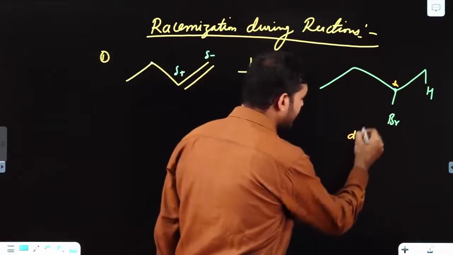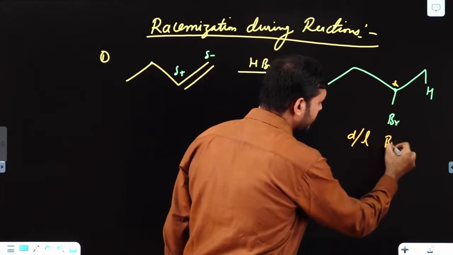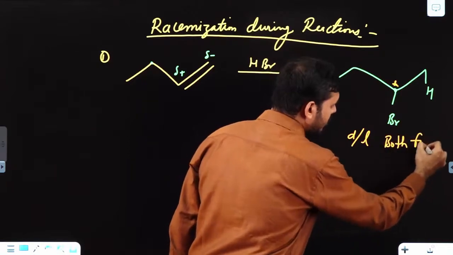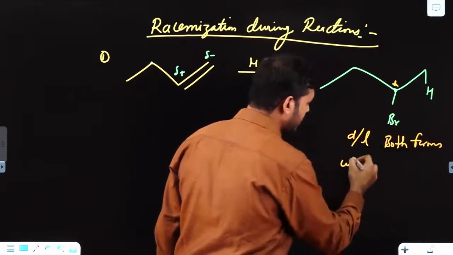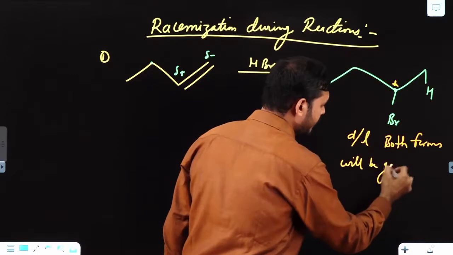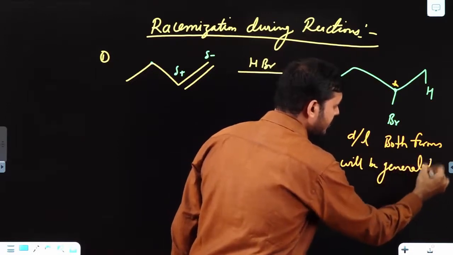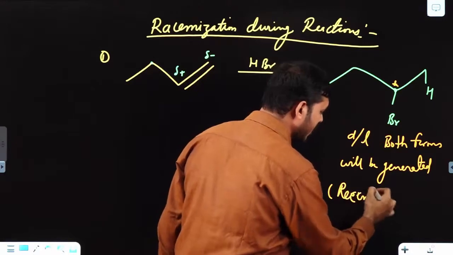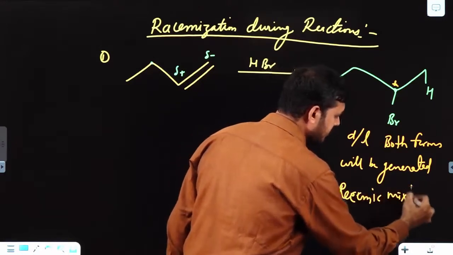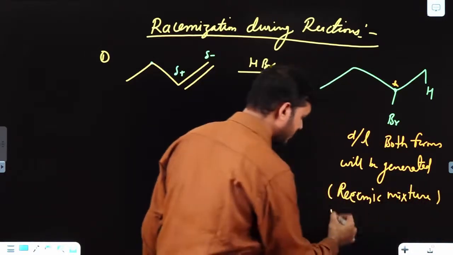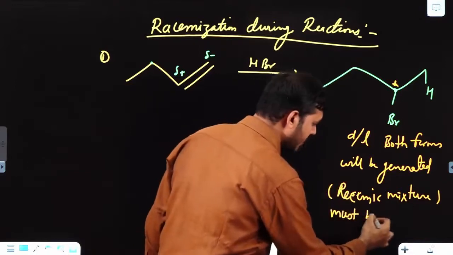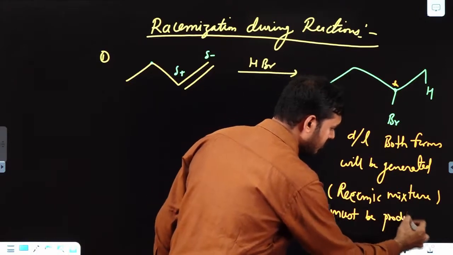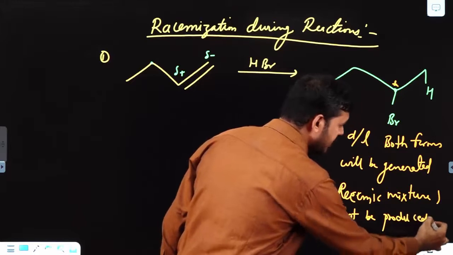Means DL, both forms will be generated. Racemic mixture must be produced in such a case.